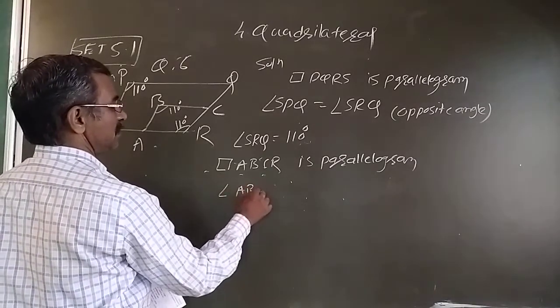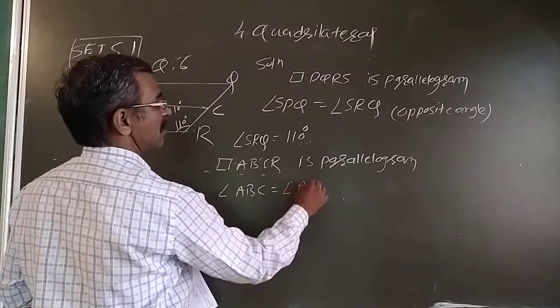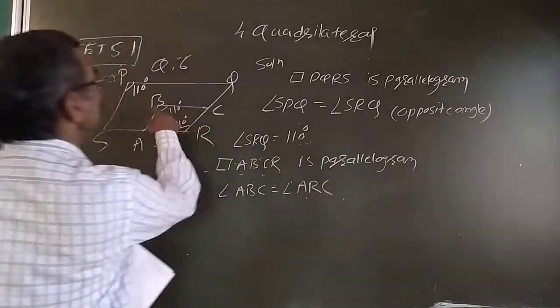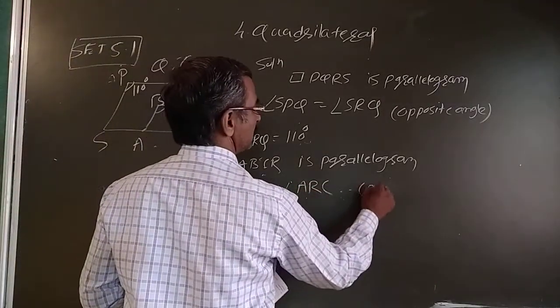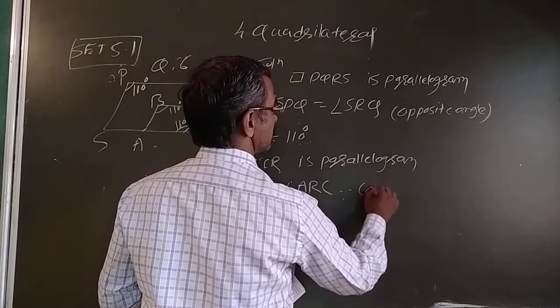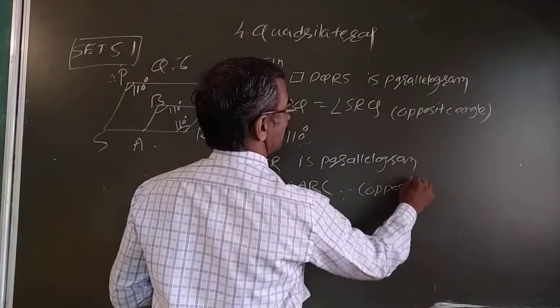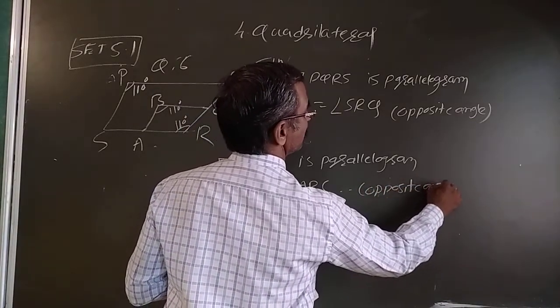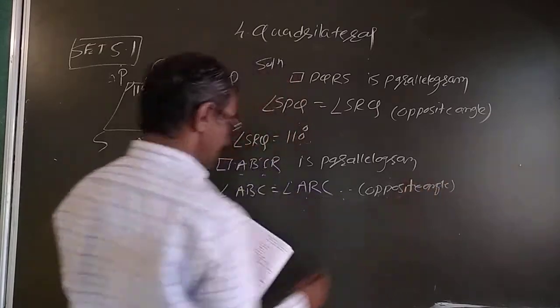Angle ABC and angle ARC are both equal because opposite angles of a parallelogram are congruent.